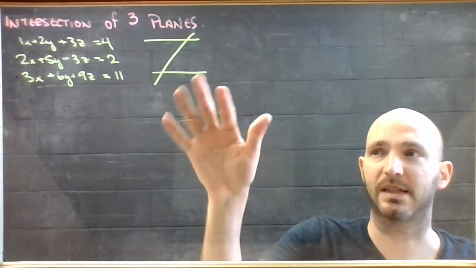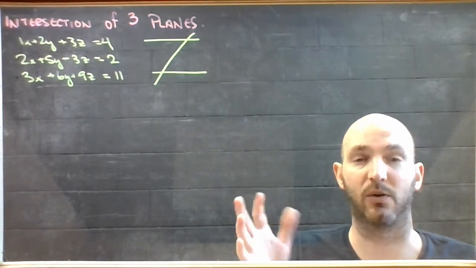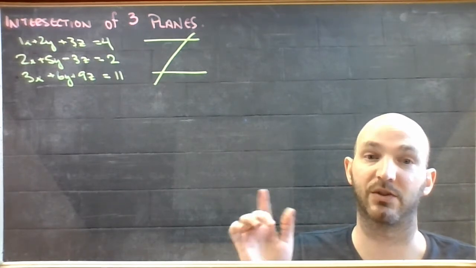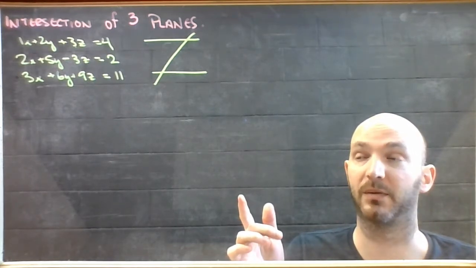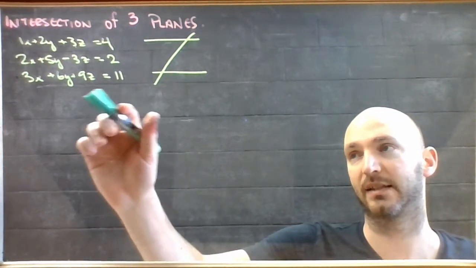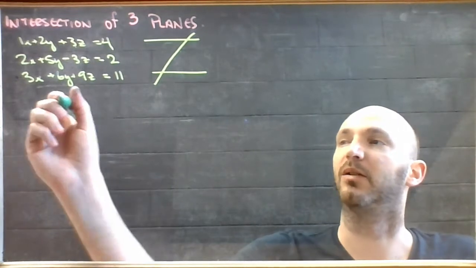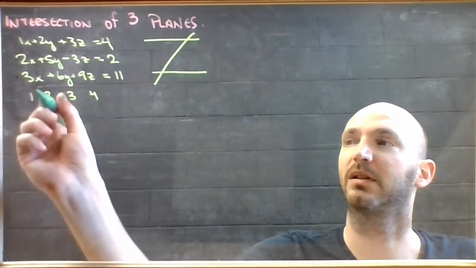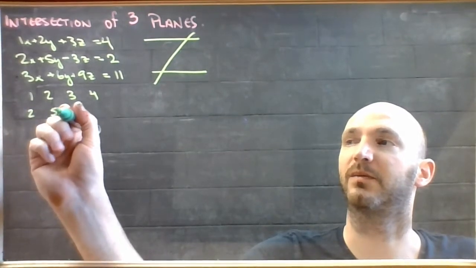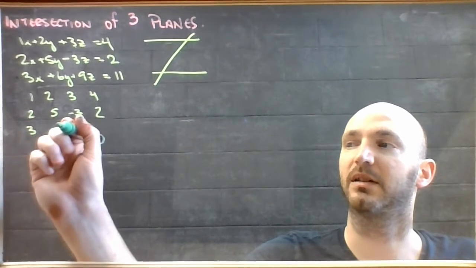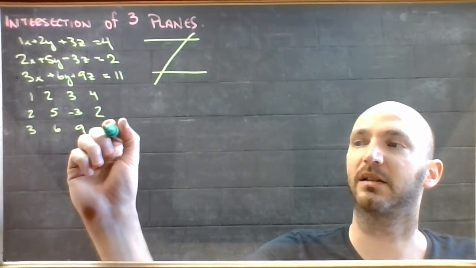So you can see that that's not going to have an intersection. So if I dump this into my Gauss-Jordan, I should end up with one of those impossible rows. So you're going to get it in this one here, right? So 1, 2, 3, 4, 2, 5, negative 3, 2, 3, 6, 9, 11.